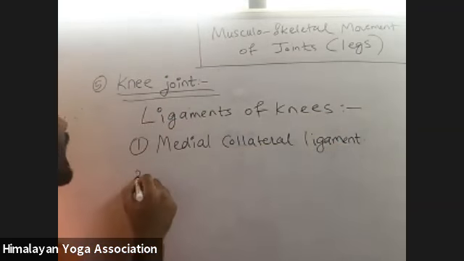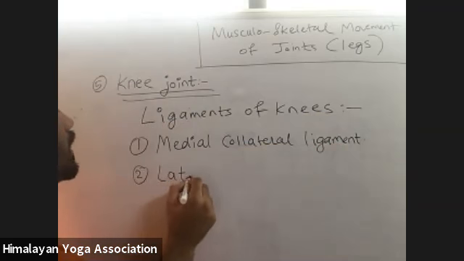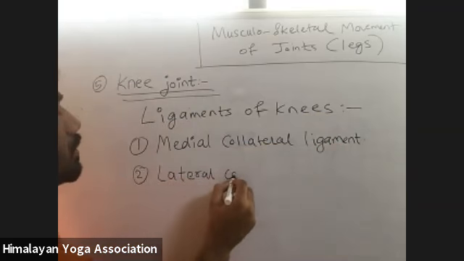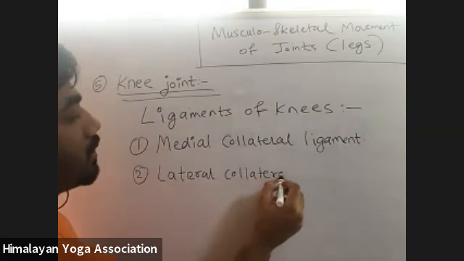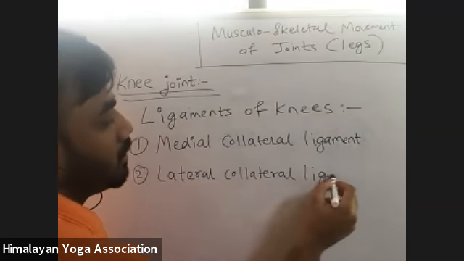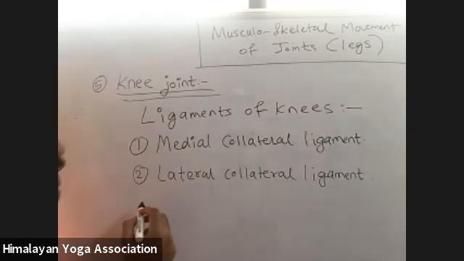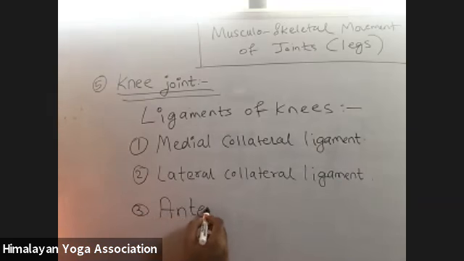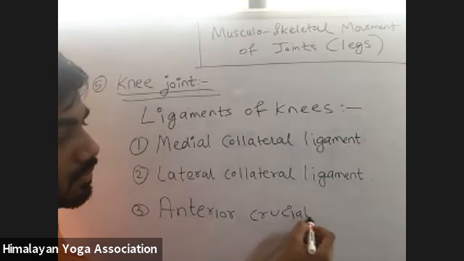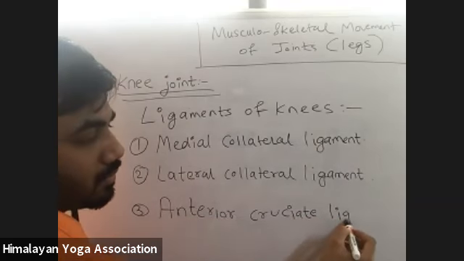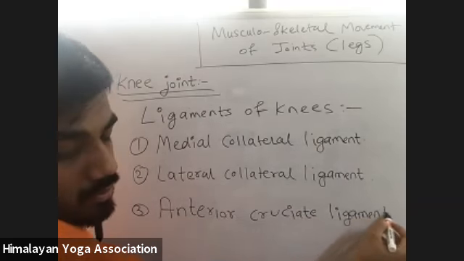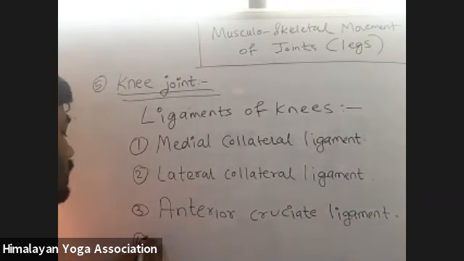Then we have the lateral collateral ligament. Please note these things down. We have the anterior cruciate ligament. And we have the posterior cruciate ligament.